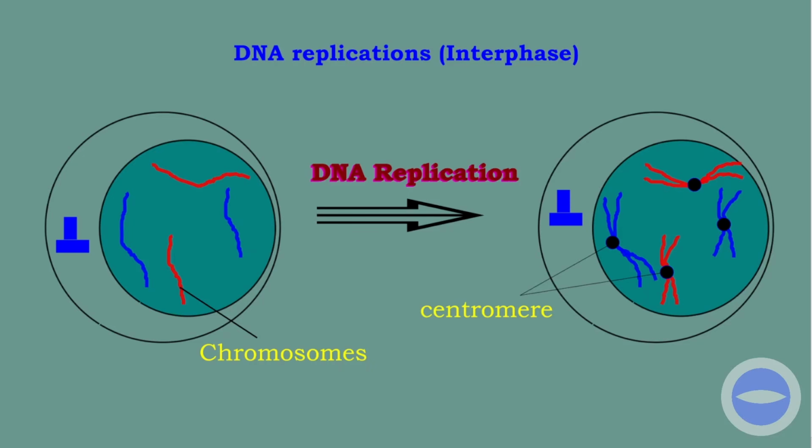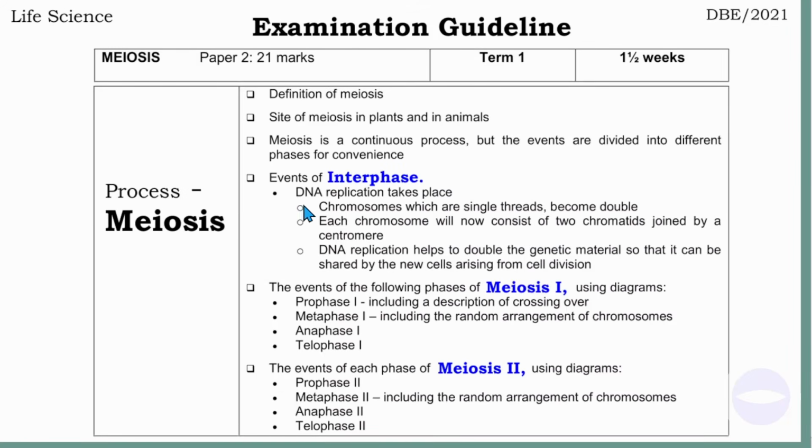So you must know that DNA replication takes place, a chromosome which is single thread becomes double, and then each chromosome will now consist of two chromatids joined together by a centromere. It's just what I've just shown you.